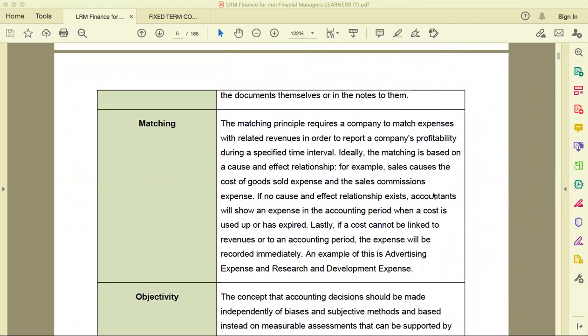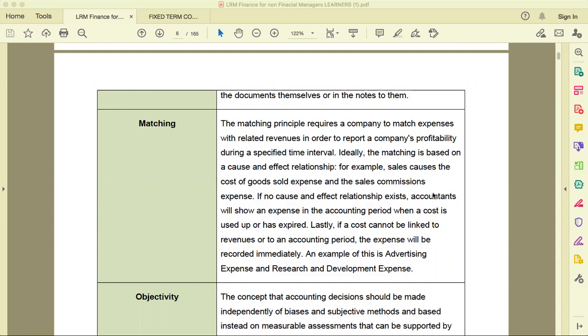Then we have something called matching. Now, every time we make money, well, normally we have to spend money. And so in order to make money, we spend money, and we need to show that there is a relationship between those two different things in our books. So money comes in, and because money comes in, money also goes out.